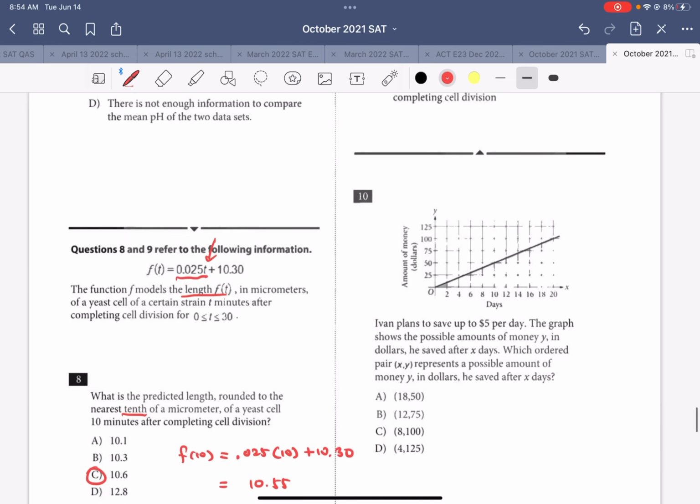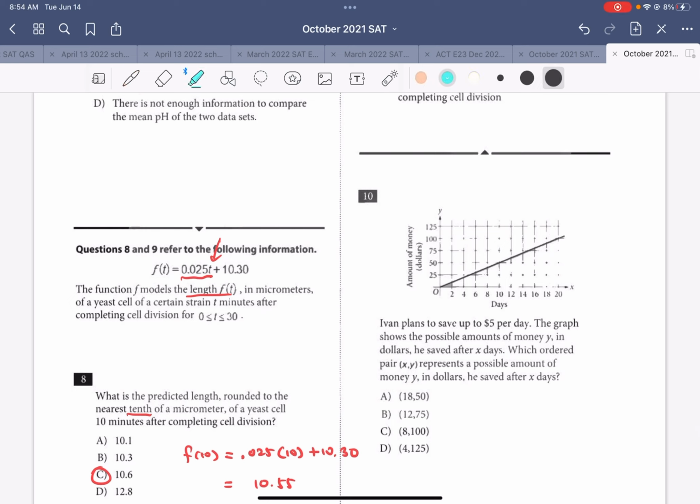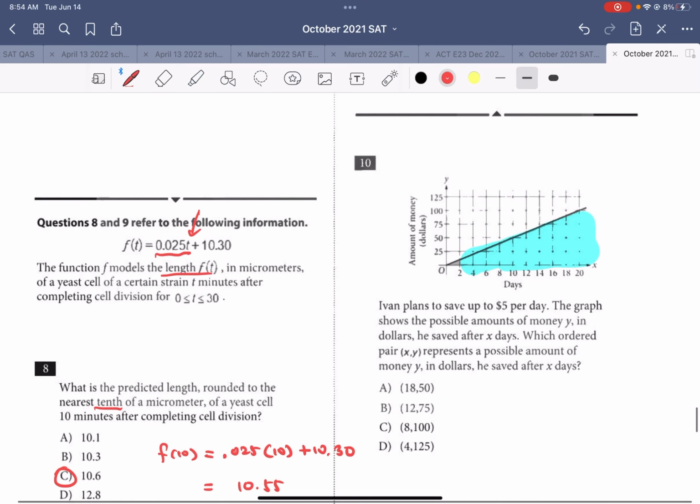Now this one, it has to be shaded here. So this one doesn't show the shade, but on the actual test it has a shade in it. Ivan plans to save up $5 per day. The graph shows a possible amount of money, y, in dollars he saved after x days.